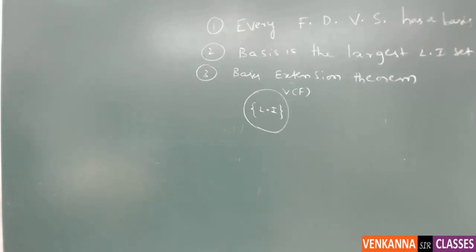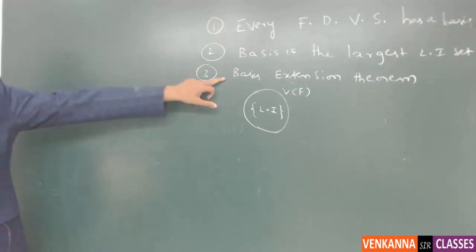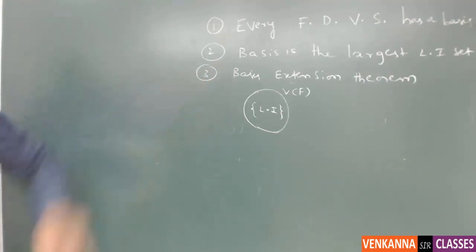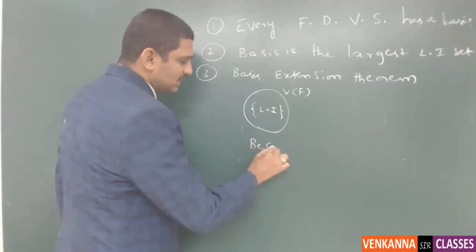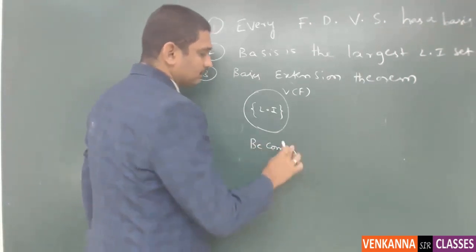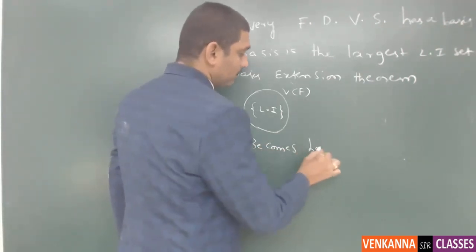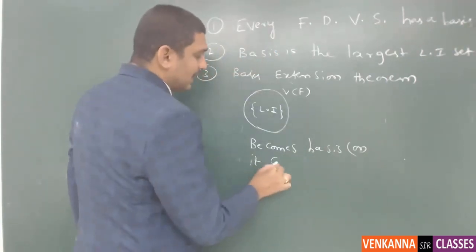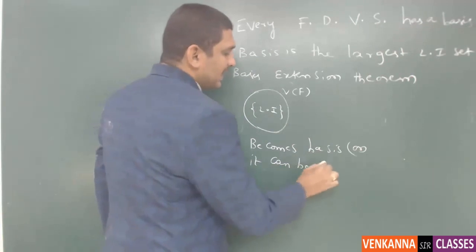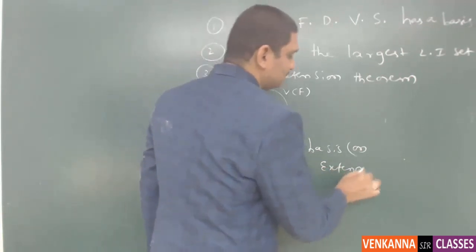I repeat again, you take a vector space V over F, and in that you take a linearly independent subset. The basis extension theorem says that the set may become a basis, or it can be extended to form a basis.